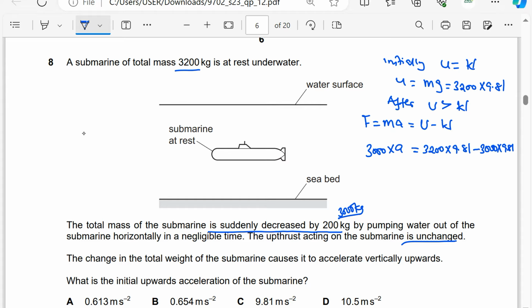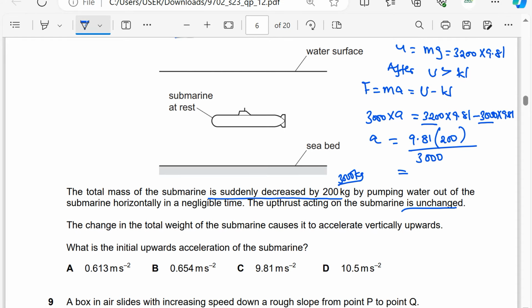When the 200 kilograms is removed, the weight has reduced to 3,000 times 9.81. So the acceleration is going to be equal to 9.81 into 3,200 minus 3,000, that is 200, divided by 3,000.